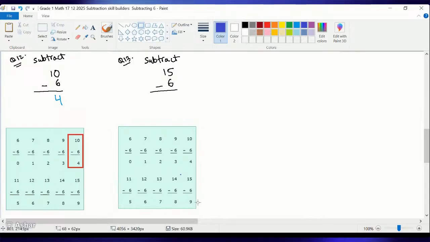So can we say 15 minus 6 and the answer comes out to be, what is the answer?